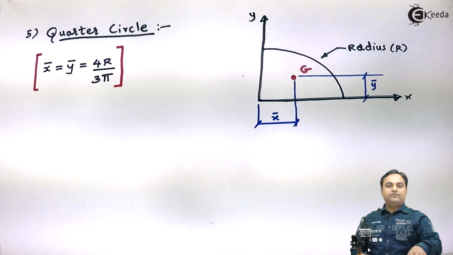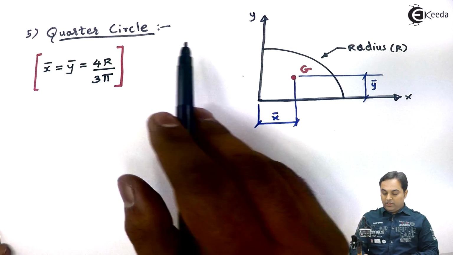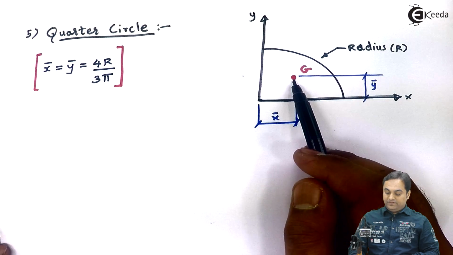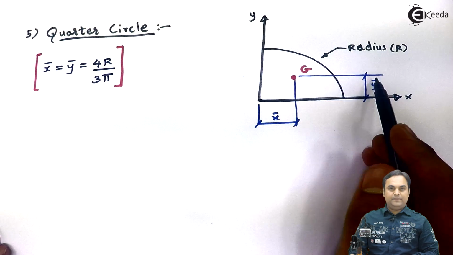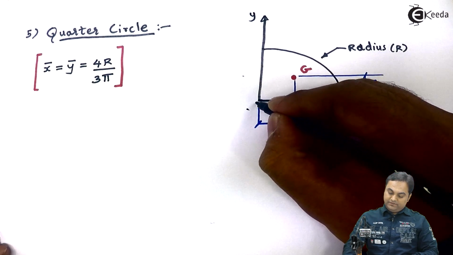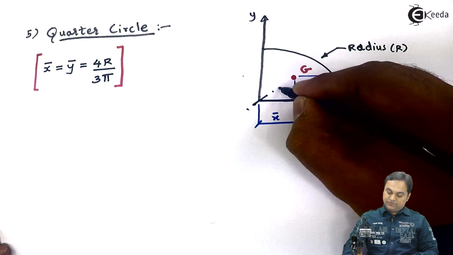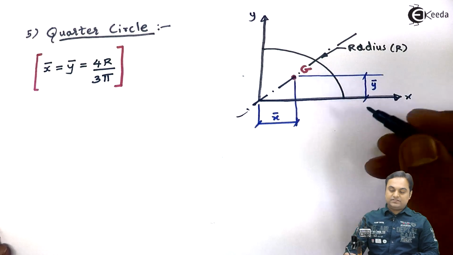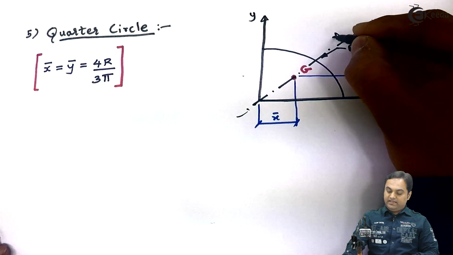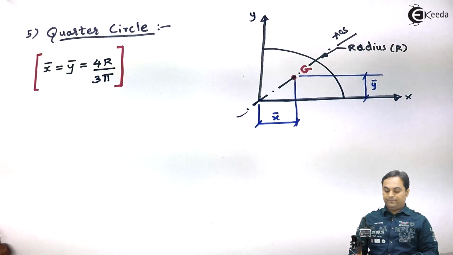In the last, we have a quarter circle. In a quarter circle, the centroid is located by x bar and y bar, and this quarter circle is symmetric about an axis which is called the AOS, axis of symmetry.